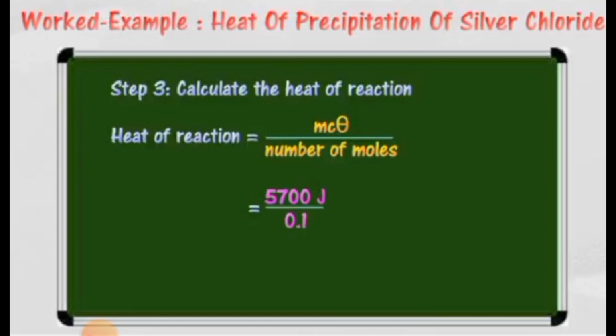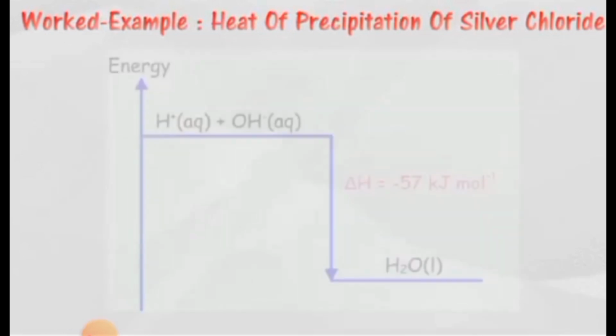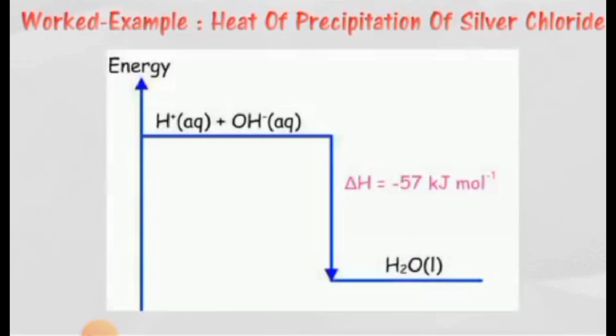Therefore, 1 mole of hydrogen ion reacts with 1 mole of hydroxide ion to produce 57 kilojoules of heat. Since this is an exothermic reaction, the heat of neutralization between hydrochloric acid and sodium hydroxide solution is negative 57 kilojoules per mole. The figure shows the energy level diagram for the neutralization reaction between hydrochloric acid and sodium hydroxide solution.